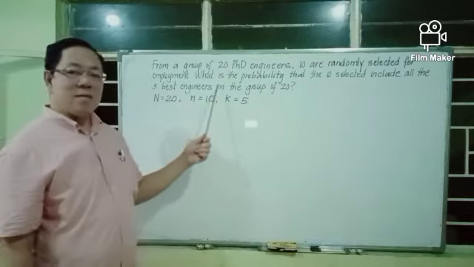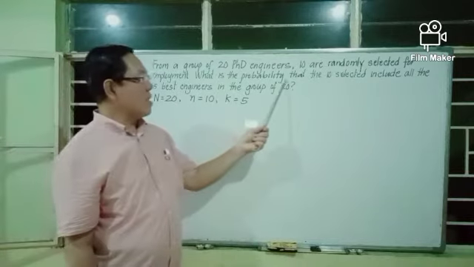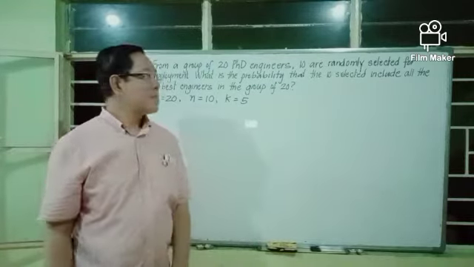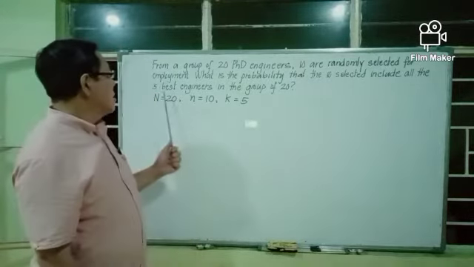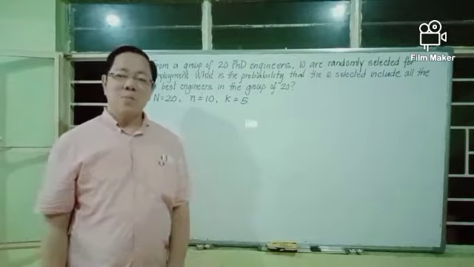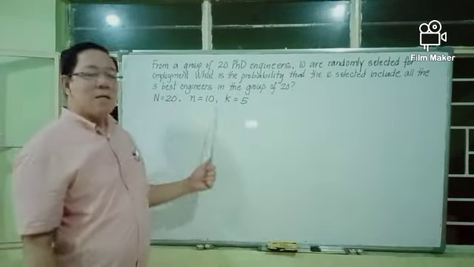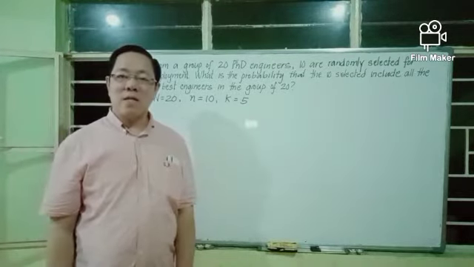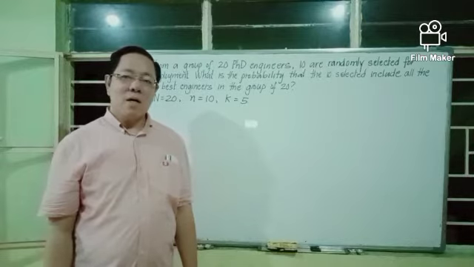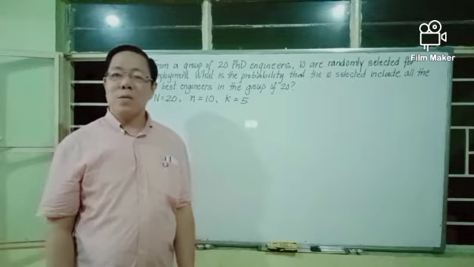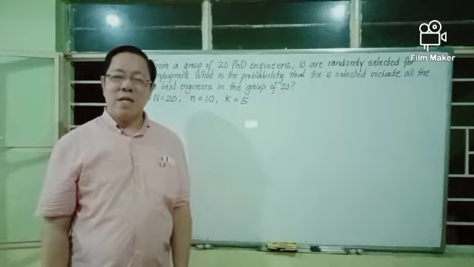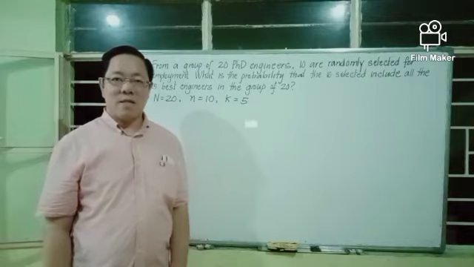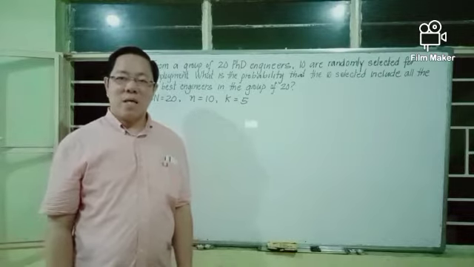And we are asked the question, what is the probability that the 10 selected include all the 5 best engineers in the sample? Which means that the 10 randomly selected engineers, the sample size of 10, includes all the 5 best engineers, and the number of elements in the sample that are considered successes is represented by x.